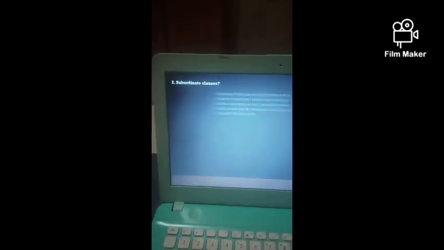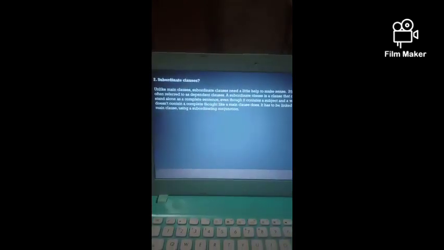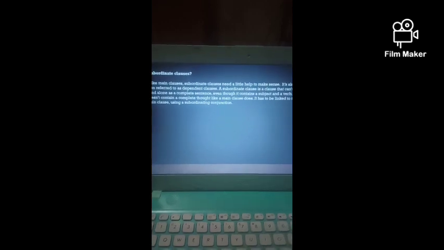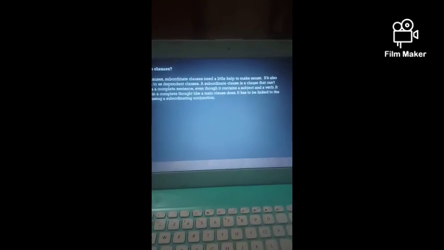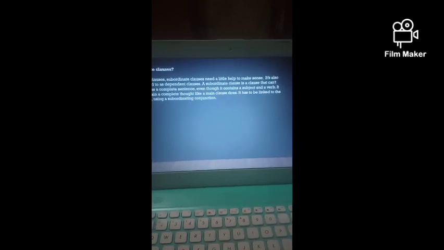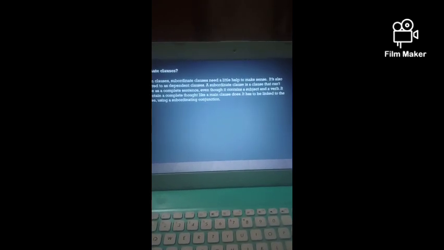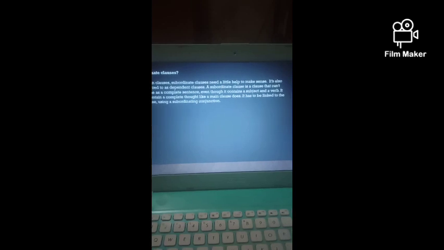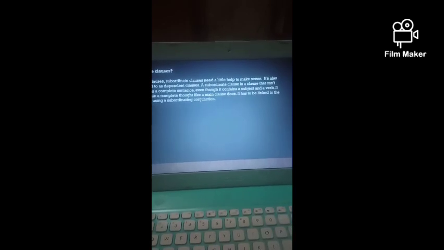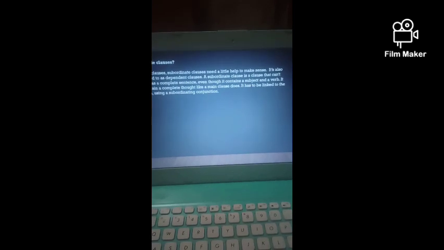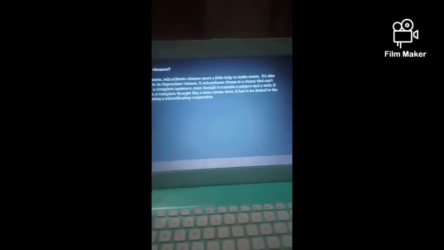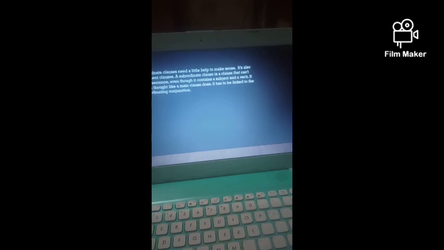Subordinate clause. Unlike a main clause, a subordinate clause needs a little help to make sense. It's also often referred to as a dependent clause. A subordinate clause is a clause that can't stand alone as a complete sentence, even though it contains a subject and a verb.